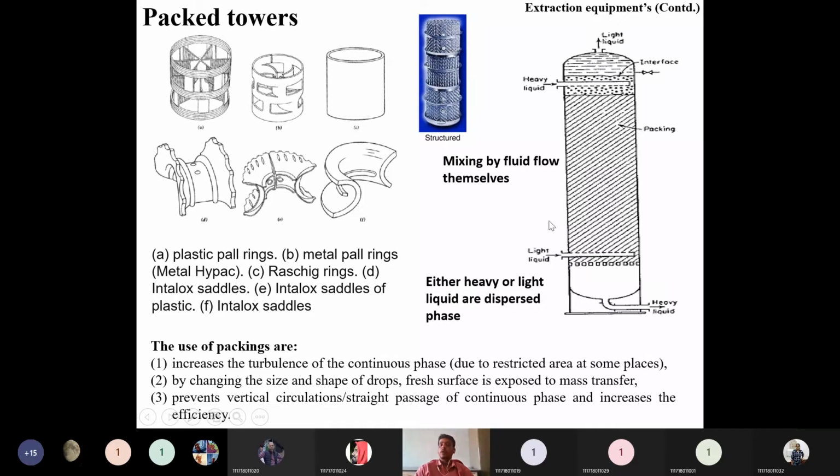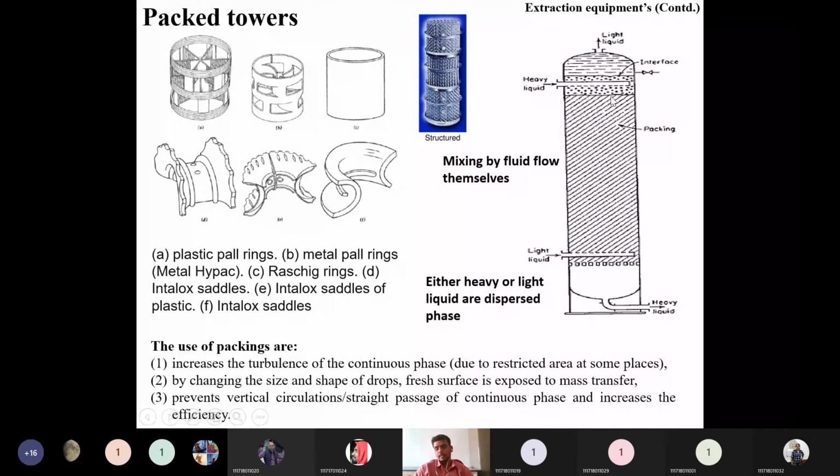Then if you want the light liquid as a dispersed phase, what happens here? You have to arrange some nozzle or sprinkler. Then these drops will be coming here, and the heavy liquid is continuously flowing like this. Due to the resistance of this packing material, the liquid has to travel through a tortuous path.